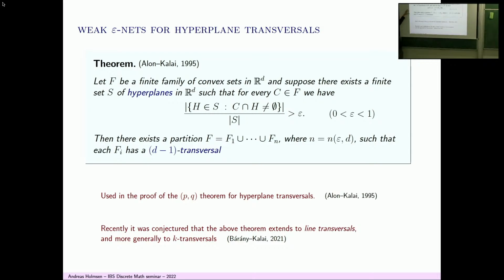So their conjecture would be, let F be a finite family of convex sets in R^3. Suppose there's a finite set of lines such that every set of your family intersects a positive fraction of the lines. Then you should be able to partition your family into a fixed number of parts, each one intersected by a line. Right?